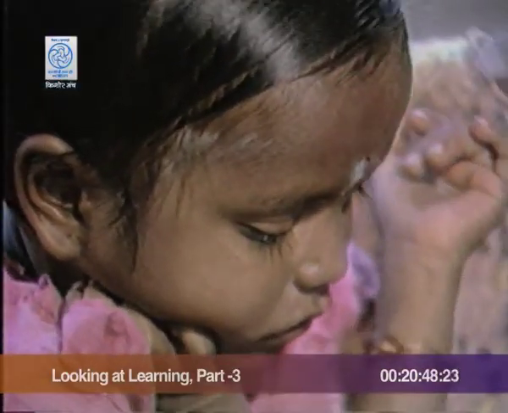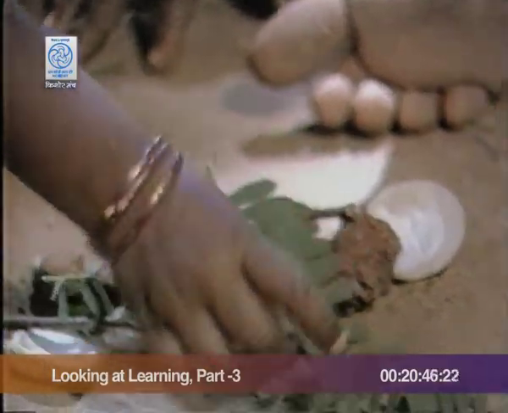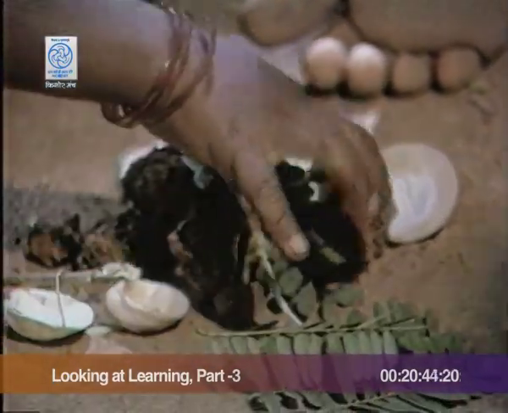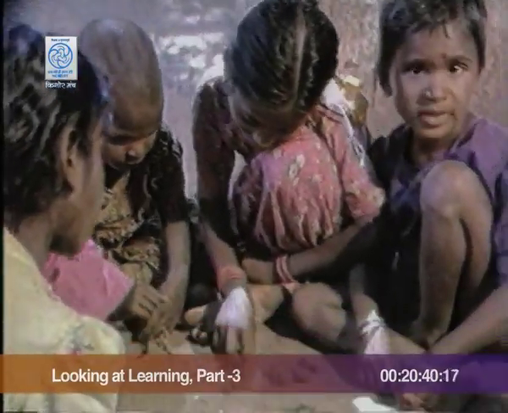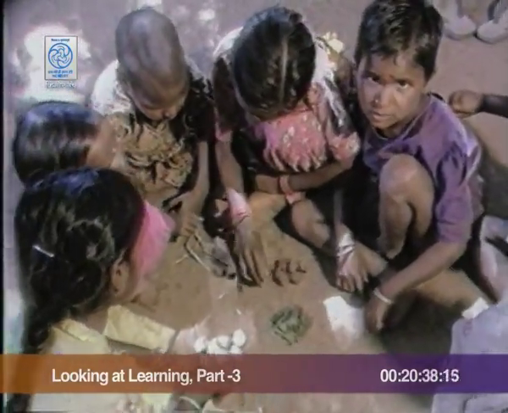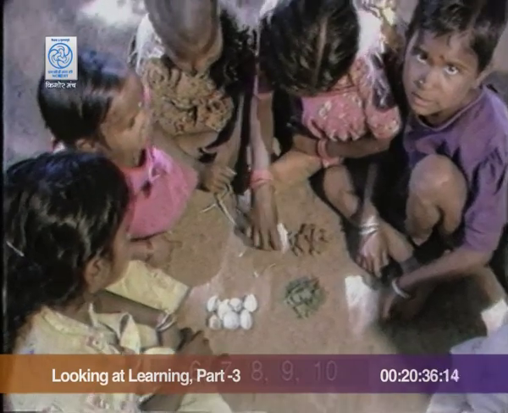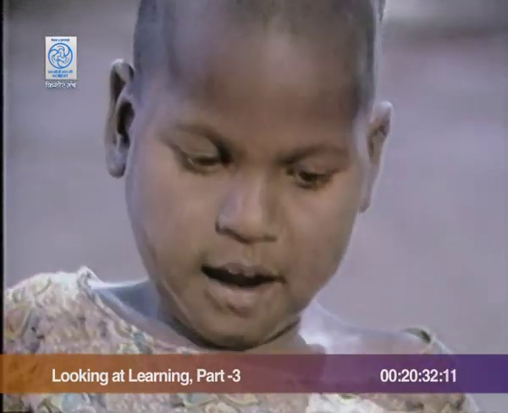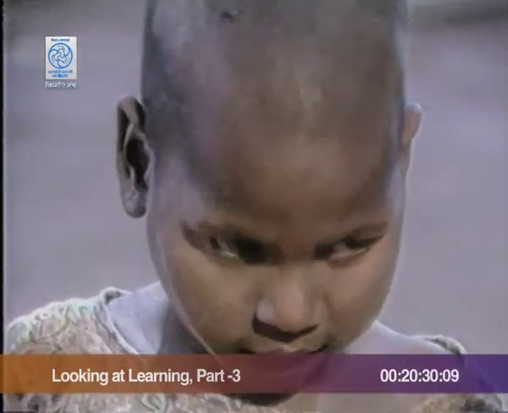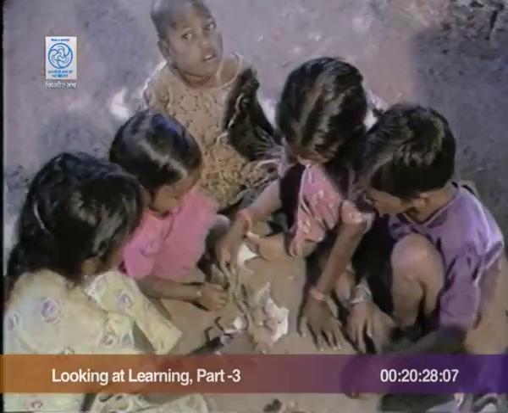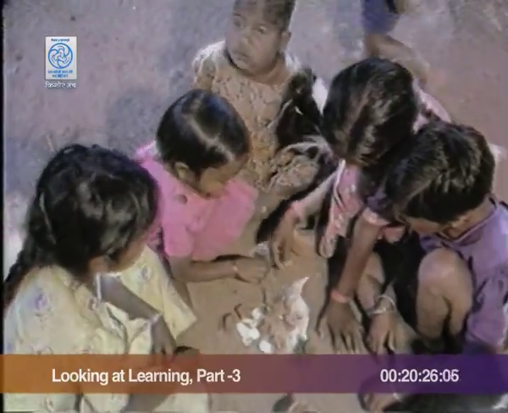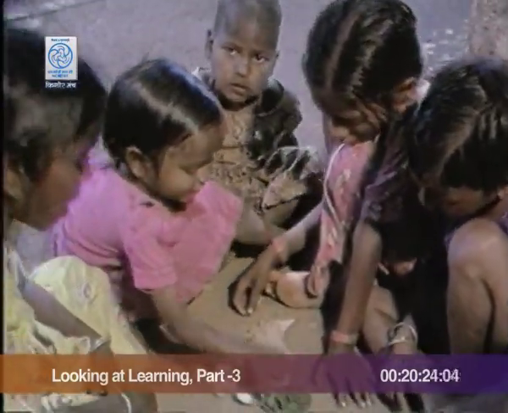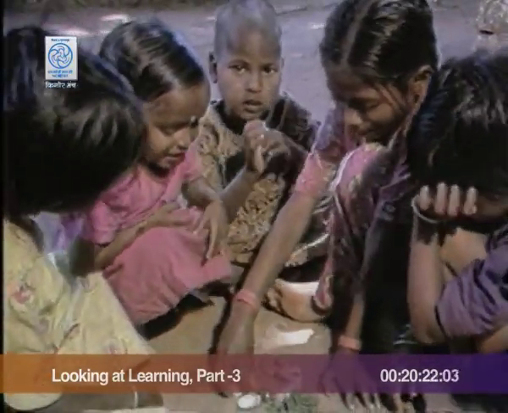Here, very young children are playing with sticks and leaves and shells. They are in fact classifying them into heaps. For them, it's a game. But the game has been organized by a sensible teacher who realizes that this kind of sorting activity is the beginning of learning how to think.